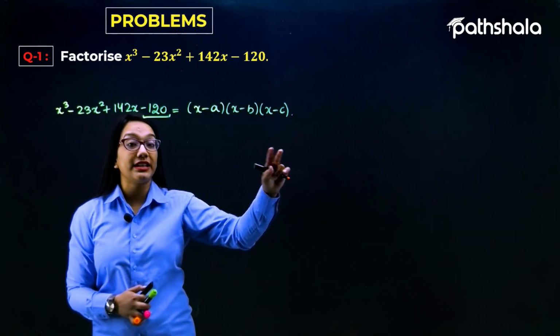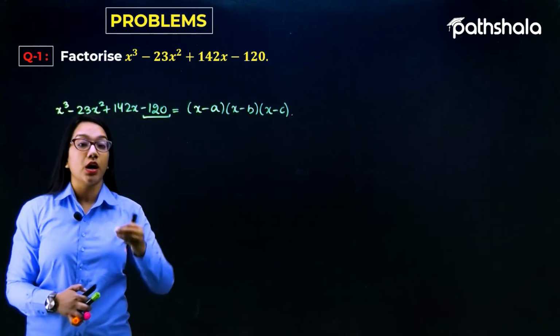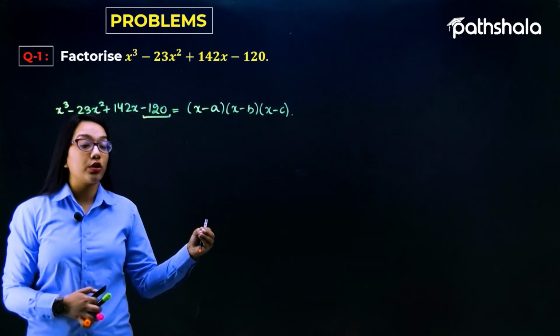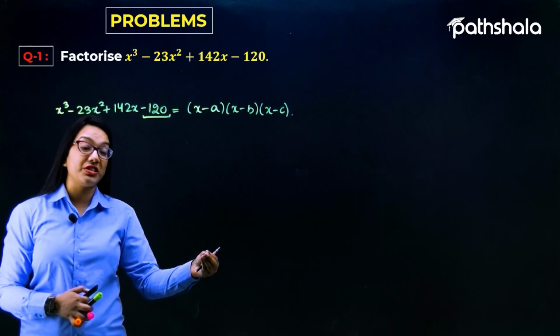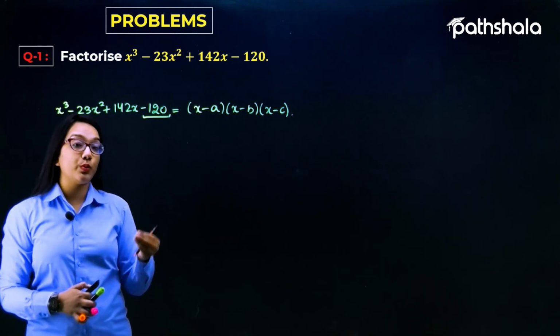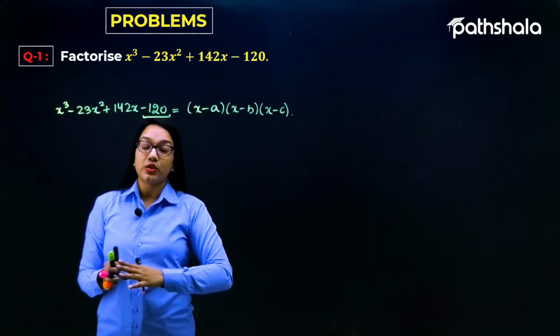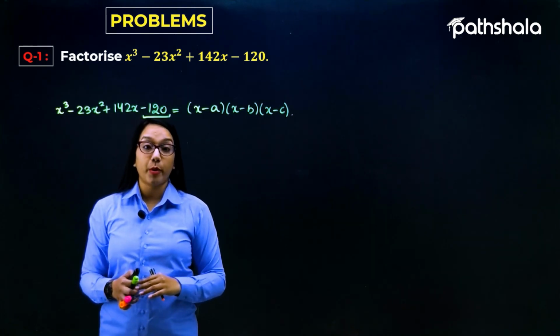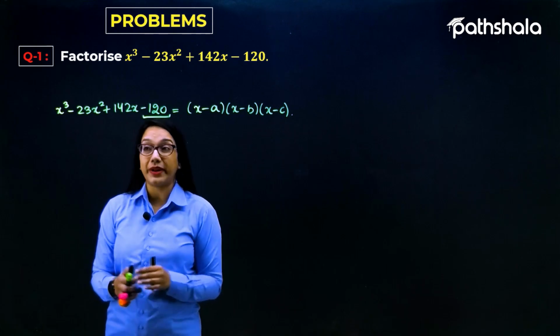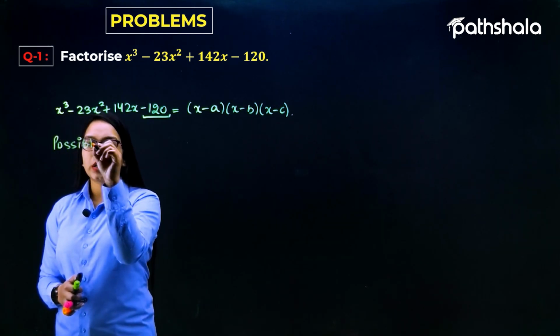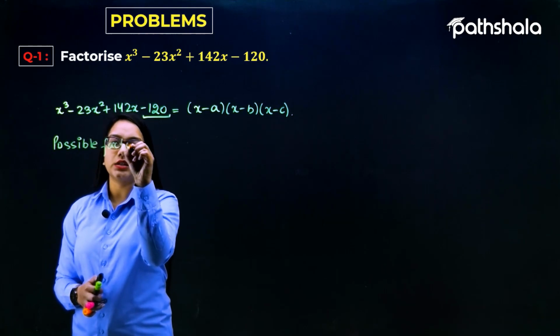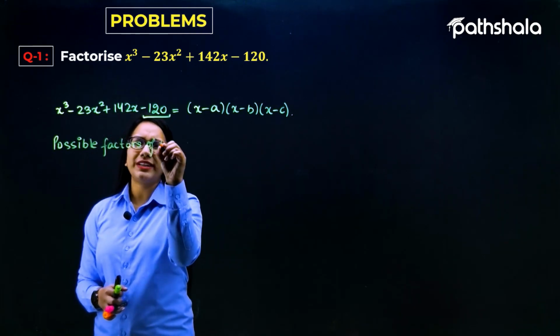So we can say the constant term 120 should be equal to abc. Then we have to look for the factors of 120, the possible values of a, b, c, so that their product is equal to 120, as we did in the previous example. What are the possible factors of 120?